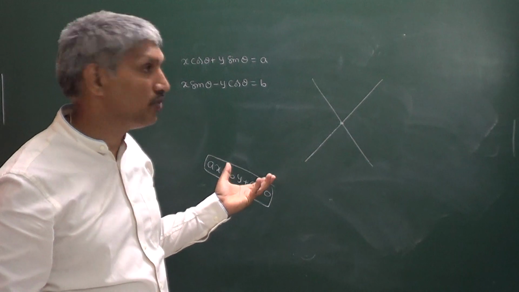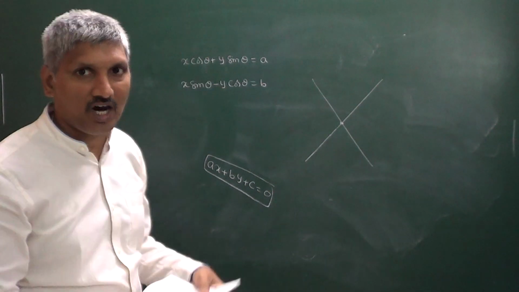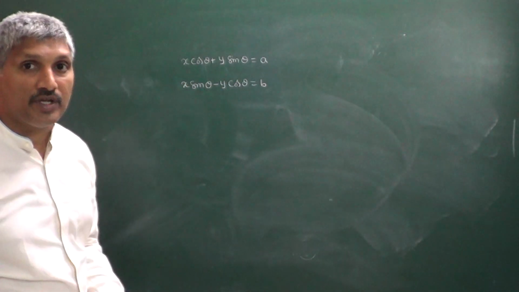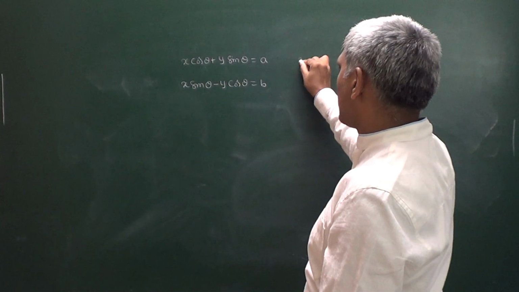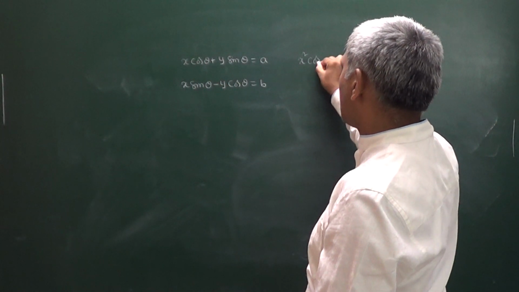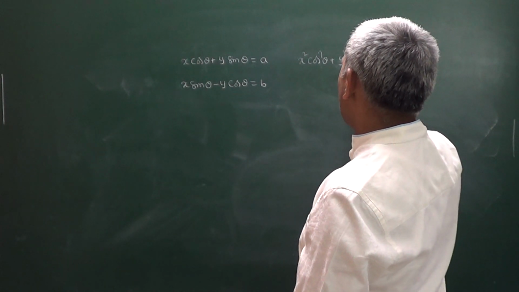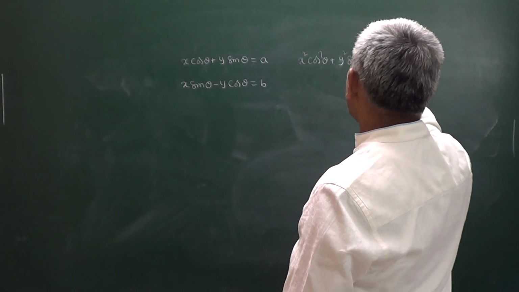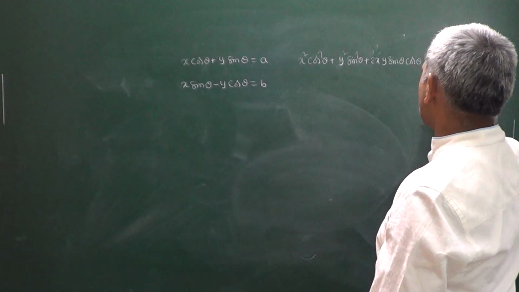Nothing I am going to do here. From these two equations I am going to eliminate theta. If you eliminate theta, you will get the locus equation. Squaring on both sides: x square cos square theta plus y square sin square theta plus 2xy sin theta cos theta is equal to a square.